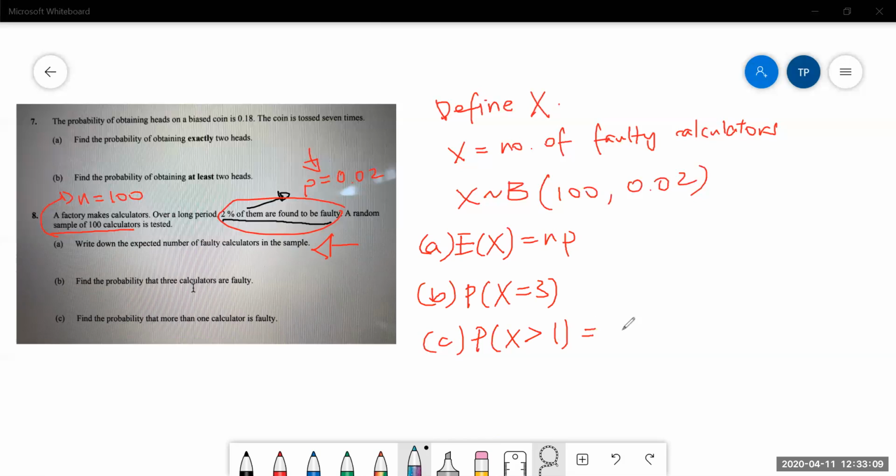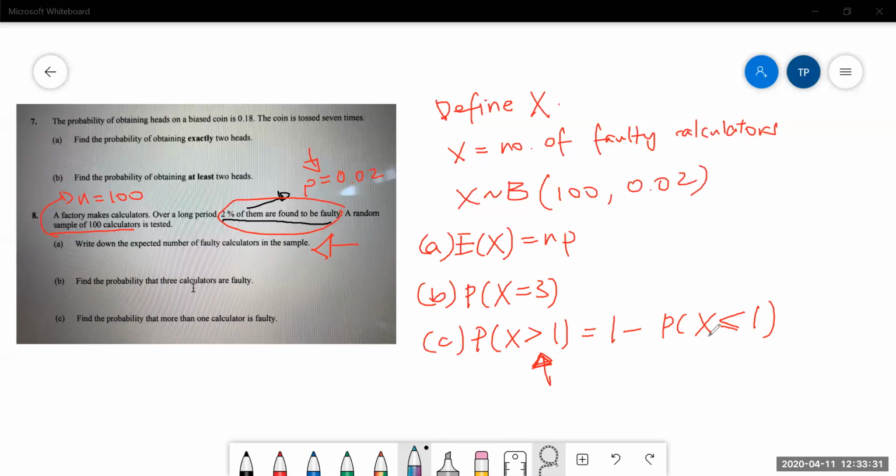Correct. In other words, we can also use 1 minus probability of x less than or equal to 1, because over here we did not include 1.